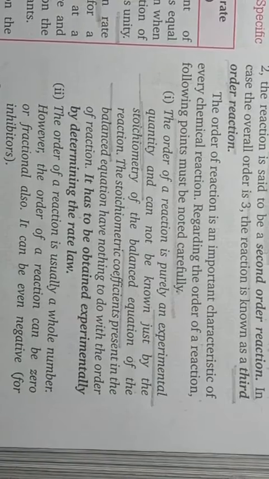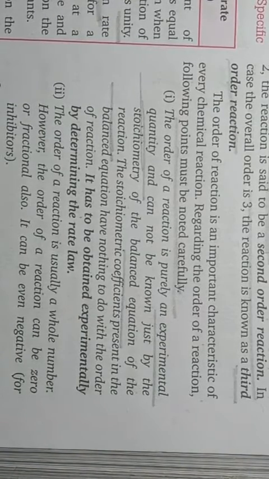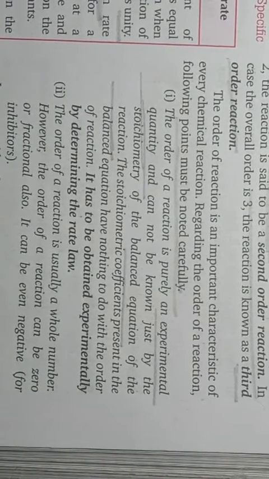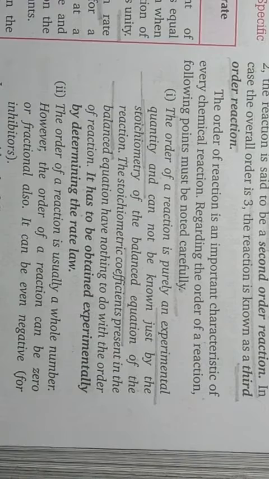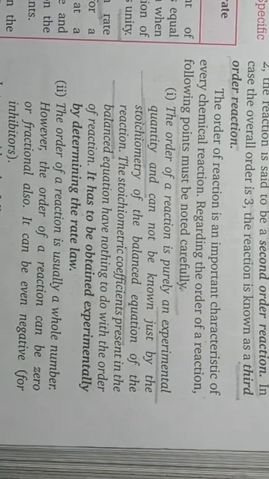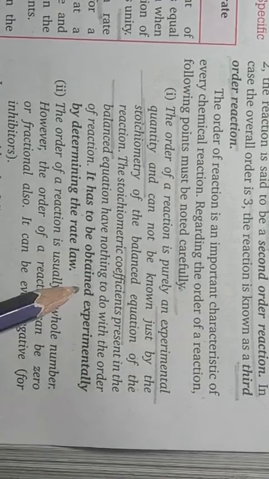So always to find out the order of a particular reaction, we will require the rate law of that reaction, and the rate law is always written in terms of reactants and derived through experiments. So order of reaction is also an experimental value for the reaction.